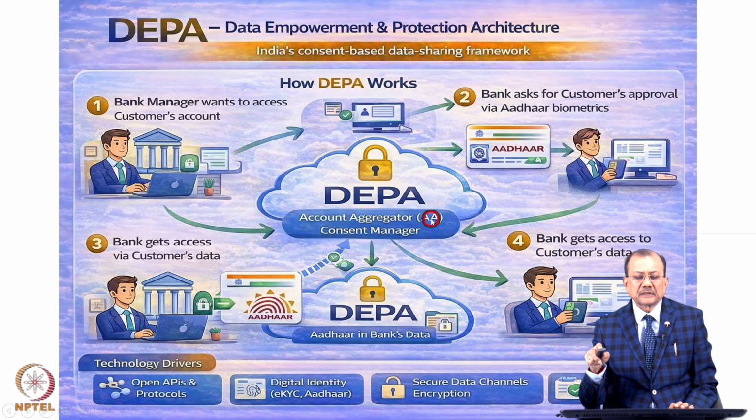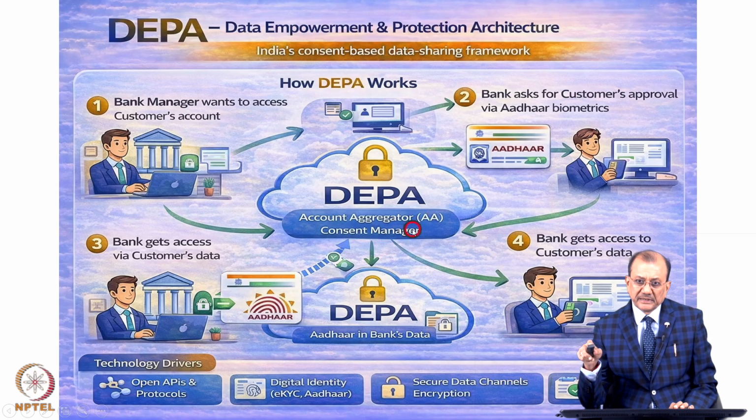Suppose you are seeking a loan and they would like to know your financial standing or credentials in other banks or in other agencies. So, with the help of the account aggregator, without taking copies of those accounts, the bank manager can use the account aggregator option and get information about those accounts, the balance available.